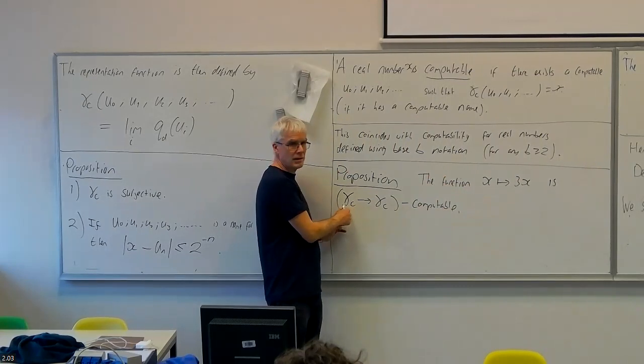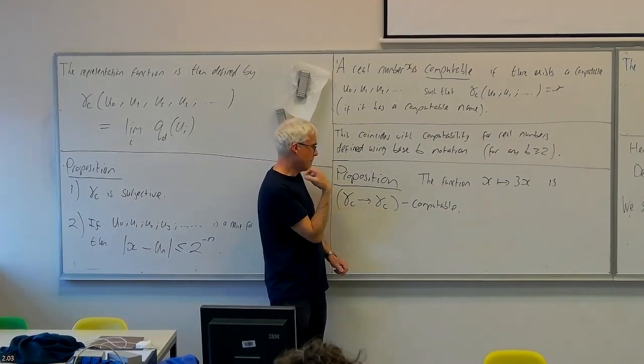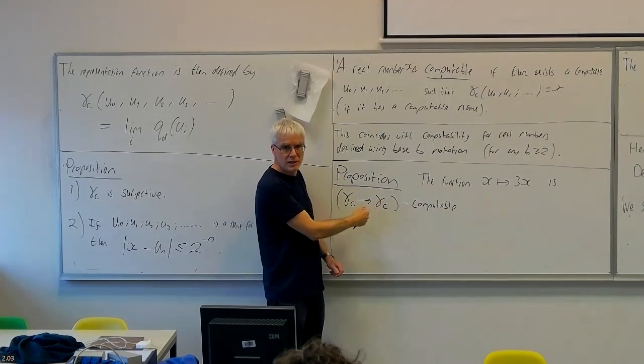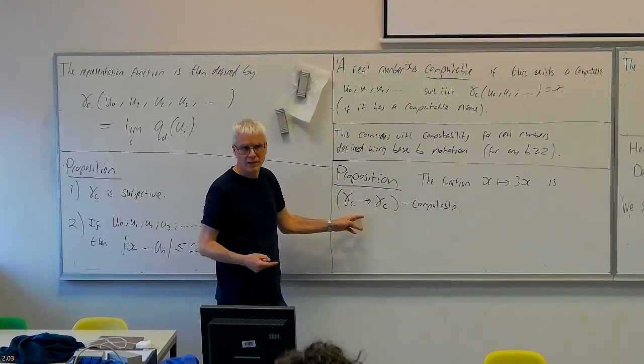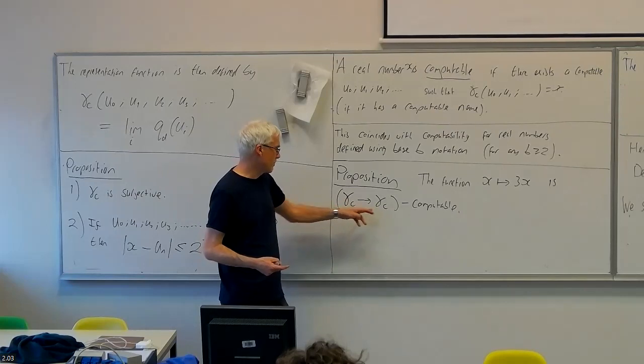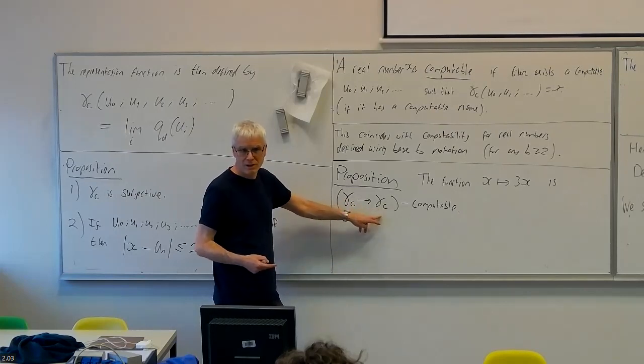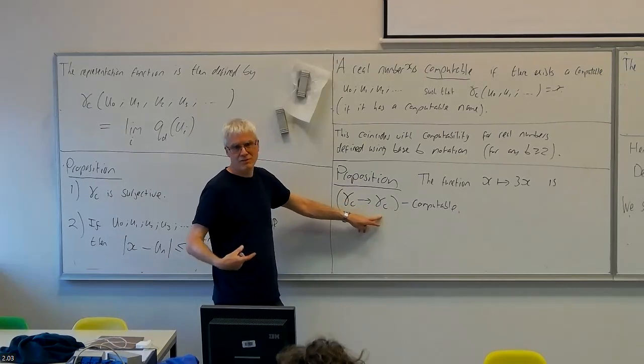So it maps representation of the input space to a representation of the output space, meaning there exists a matching function on names that computes the underlying function on the set, the 3 times x function, by a function on the names.